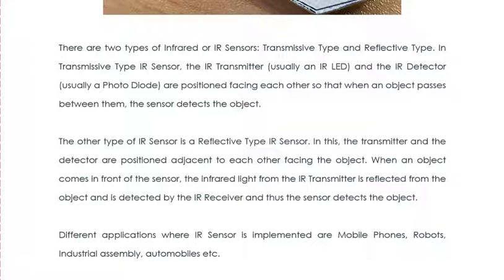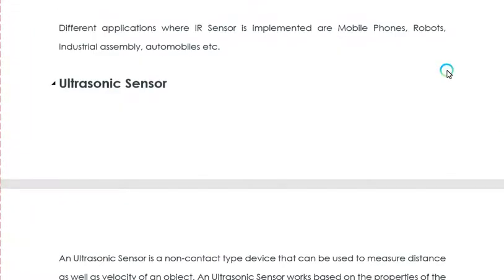So, ang kinalain lang is the positioning. Okay? So, different positions where IR sensor is implemented include ating mga mobile phones, mga robots, industrial assembly, and automobiles. So, amo na ang mga possible application of your IR sensors.